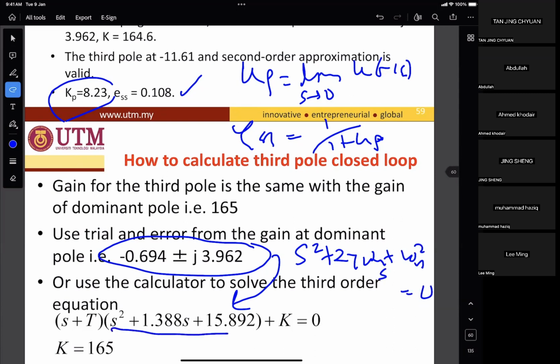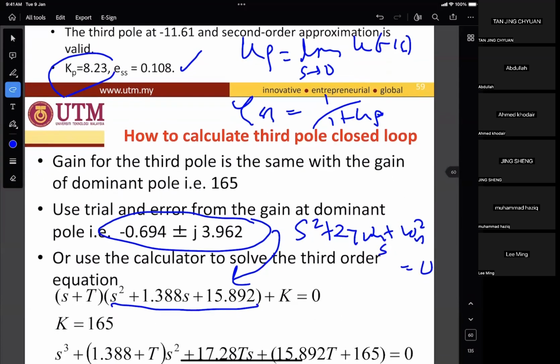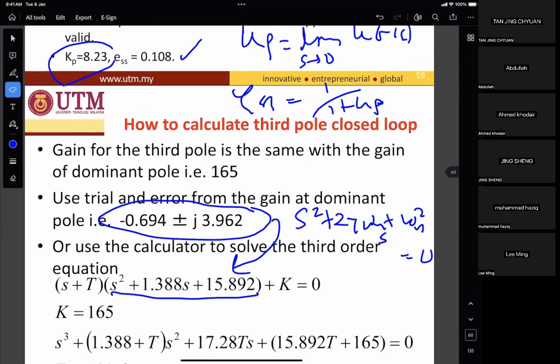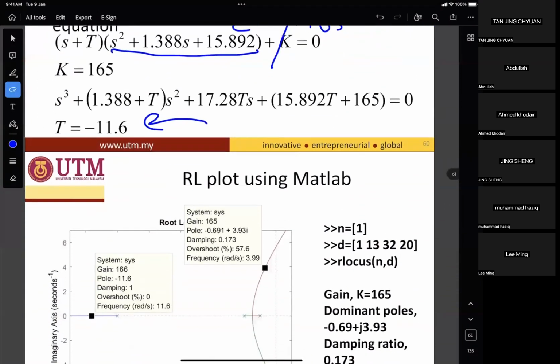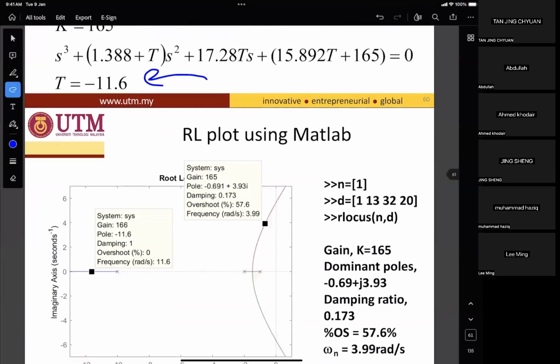Then we assume the third pole as T, and K is 165. Simplify, and you will get T at minus 11.6. The other way also works, no problem. Roots of cubic.